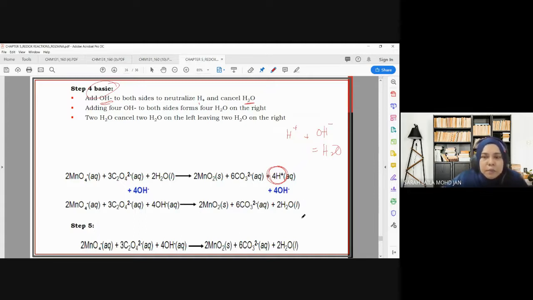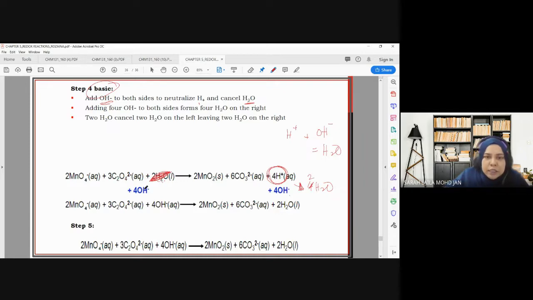So bila you dah tambah 4, so now this 4 ni akan menghasilkan 4 H2O lah kan. Okay. So the 4 H2O now akan cancel out H2O di sebelah sini. So now dia jadi 2.